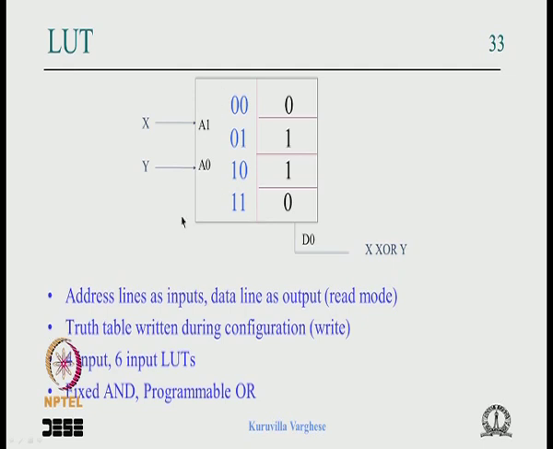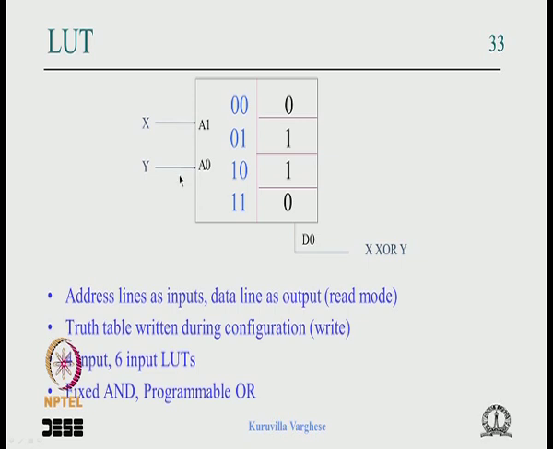Suppose we have this particular Boolean function, x or y, to be implemented. How that is implemented is that you take a 2 address line memory, that means a 4 location memory, because there are 2 variables and we have to implement all the min terms: x bar y bar, x bar y, x y bar and x y.